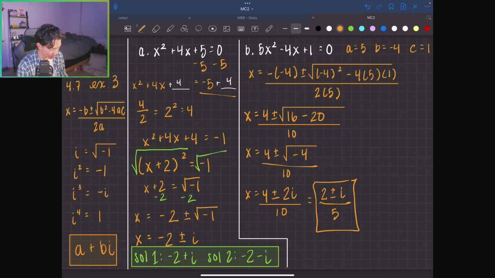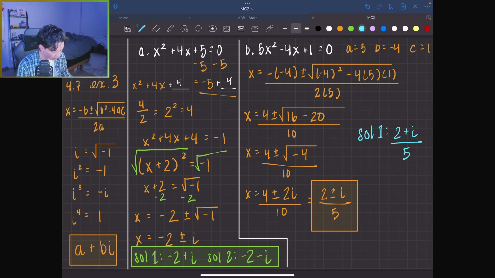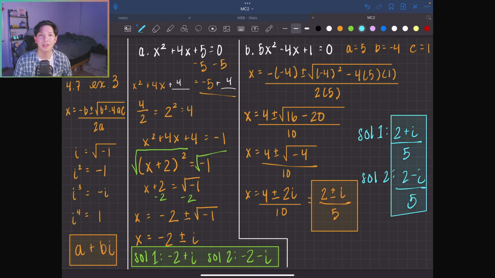So this is your solution over here. We have 2 solutions. Solution 1 is going to be 2 plus i over 5. And then solution 2 is going to be 2 minus i over 5. And that's how we can use imaginary units to find complex solutions in quadratic equations. Okay, that's it. Bye.